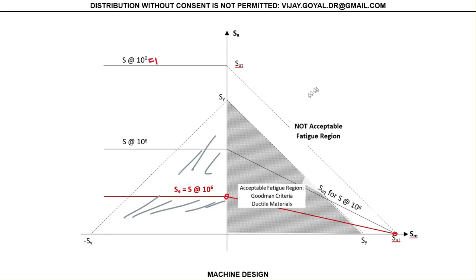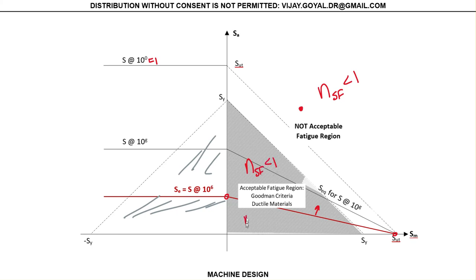And so if I gave you a point right here, and I ask you what is the fatigue factor of safety, you know that it will be less than 1. This is not the acceptable region. If I ask you what is the factor of safety anywhere right above this line, you have to know that my fatigue factor of safety is less than 1.